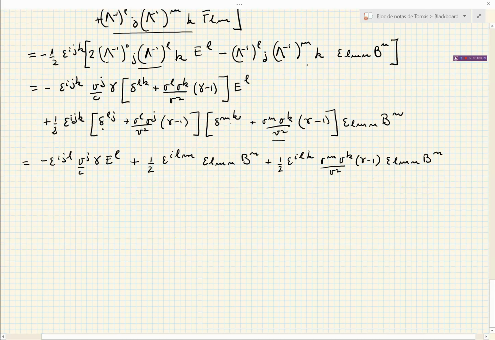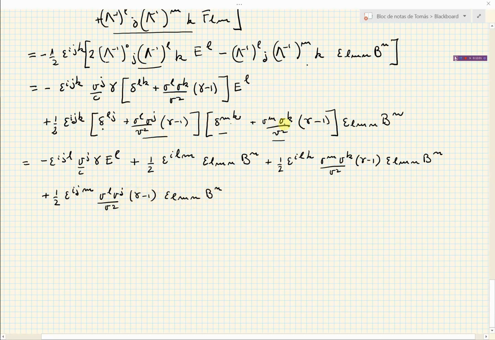Then there is another term which is similar, which is the product of epsilon times this term and this term, plus a half epsilon_{ijm} V_l V_j divided by V squared (gamma minus 1) epsilon_{lmn} V_n.